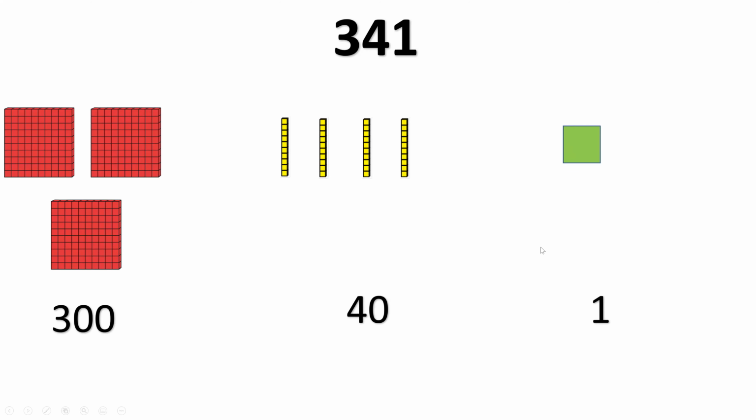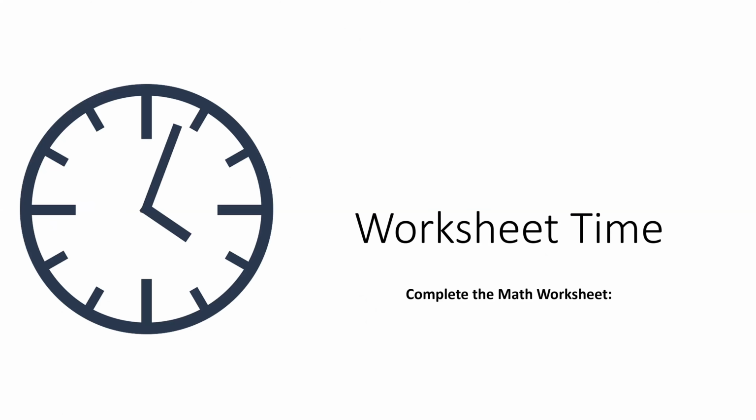Great job. Now you guys are going to continue building using your paper manipulatives or your counters with your numbered task cards. Remember, the more we practice, the better we'll get. Pause the video so you can begin.